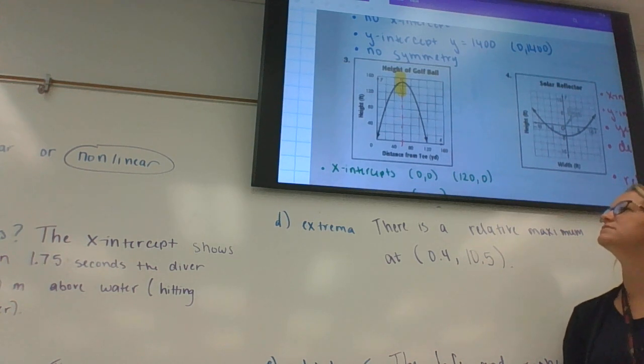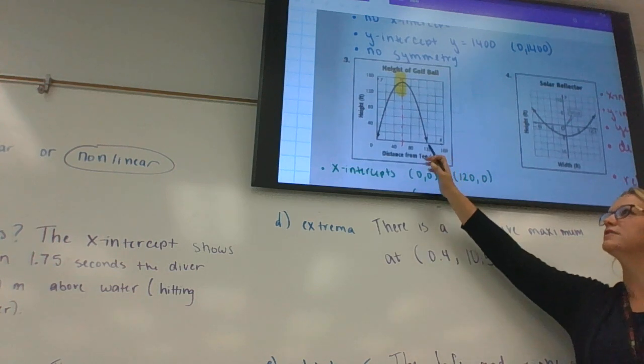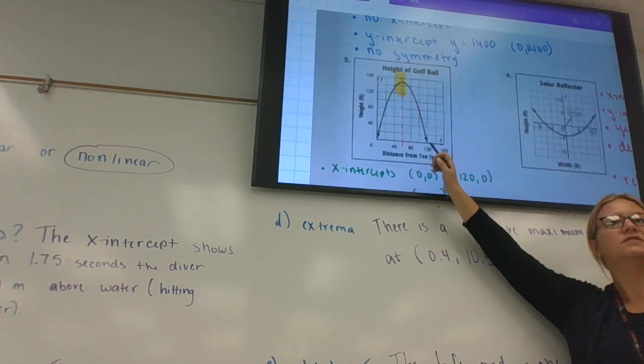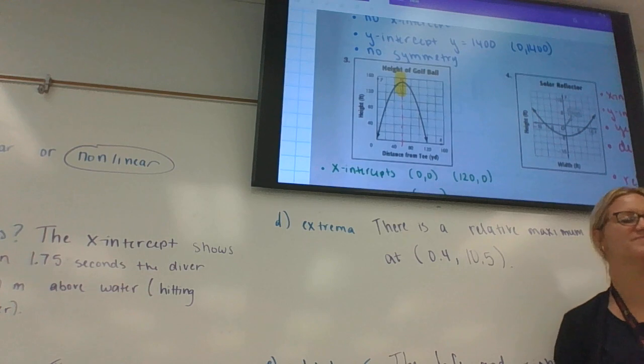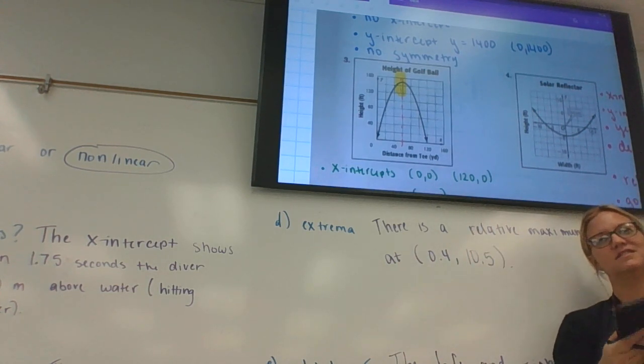So how high the golf ball goes, or how far it is away from the tee. So specifically this point. 120 yards away from the tee. And how high is it? 140.